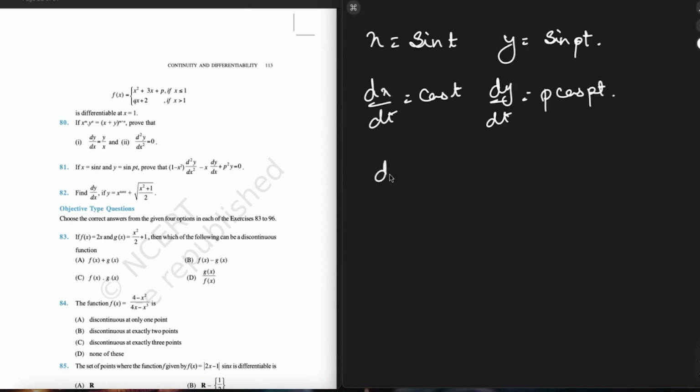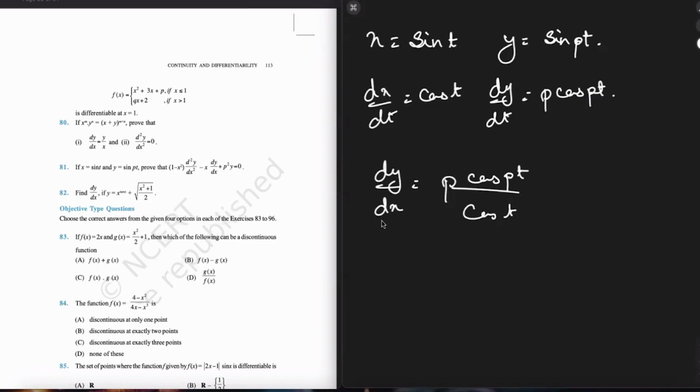So dy by dx is p cos pt divided by cos t. So this is your dy by dx.